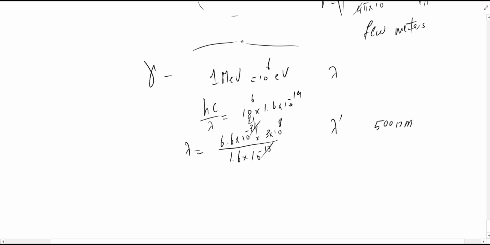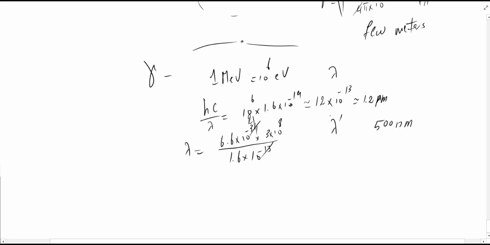Negative 21 plus 8 is going to be 10 to the power negative 13. But don't forget that I have 3 times 6, which brings it to about 20. 20 divided by 6 is about 10 or something like that, or 12 times 10 to the negative 13 meters, or roughly about 1.2 picometers.